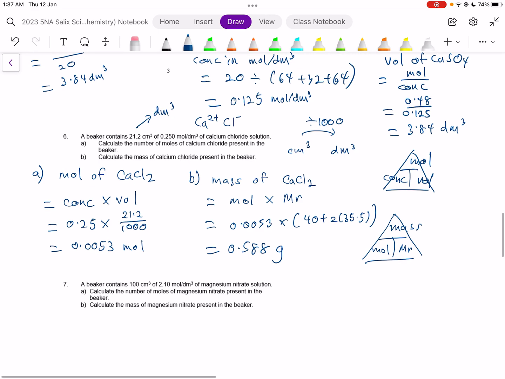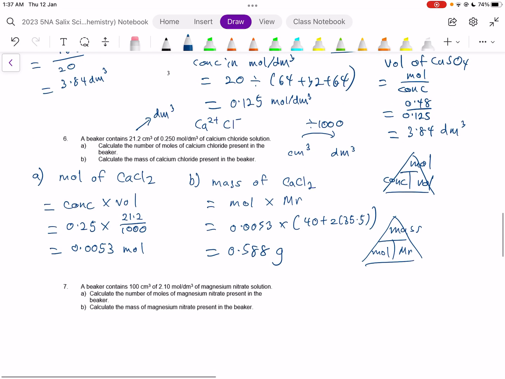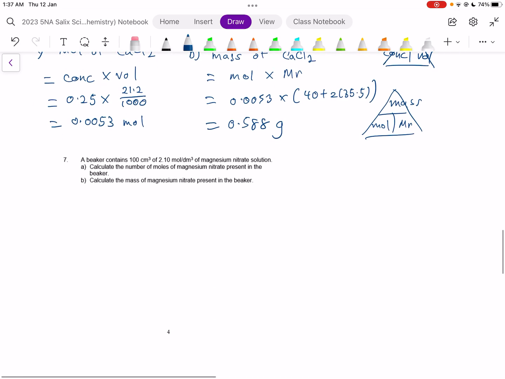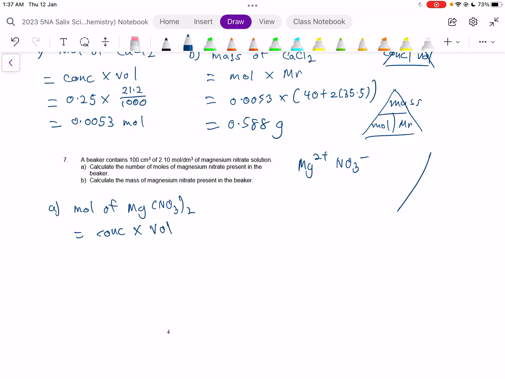Then we are down to our last one. We need to find the number of mole of magnesium nitrate. Magnesium is Mg2+, nitrate is NO3-. So you do concentration multiplied by volume, the same formula.